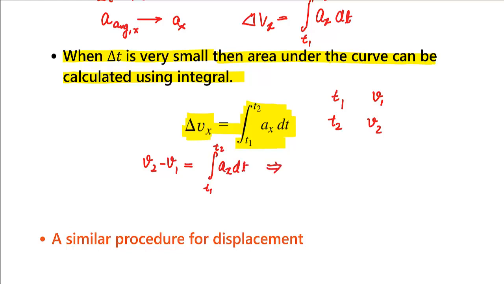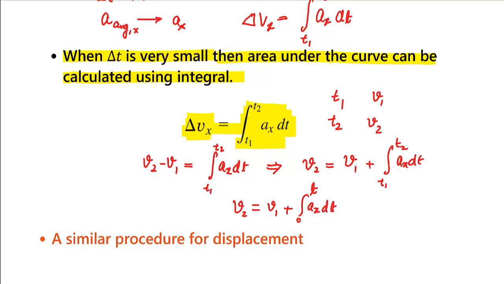From here I can write v2 equals v1 plus the integral of ax dt from time t1 to time t2. One special case: when time t1 is 0 and, let's say, time t2 is t, then v2 equals v1 plus the integral from 0 to t of ax dt. Basically ax is a function of time.